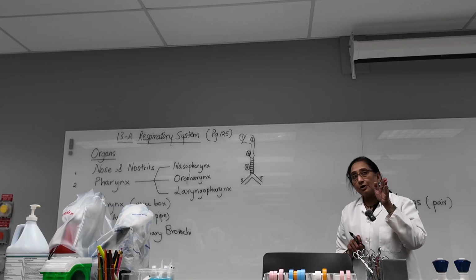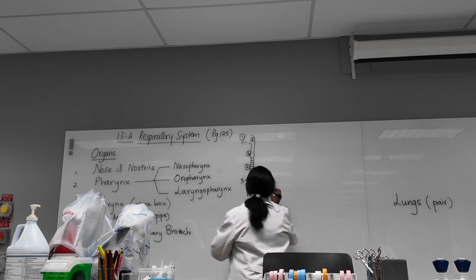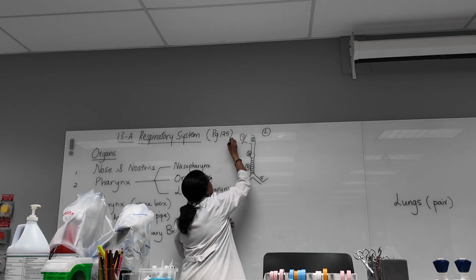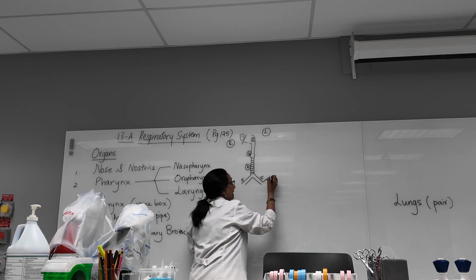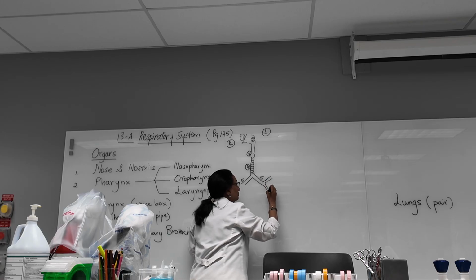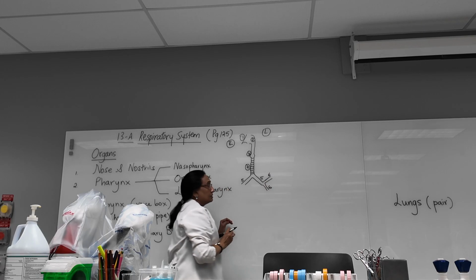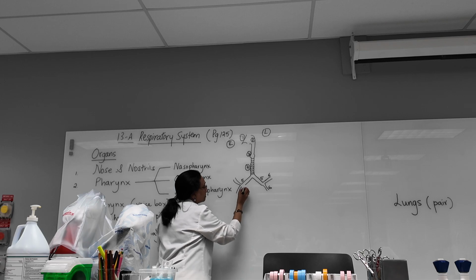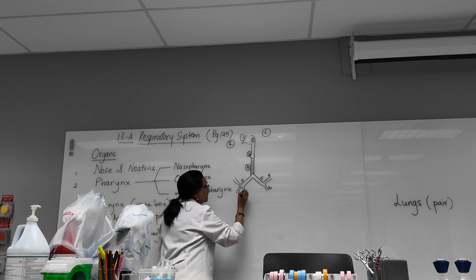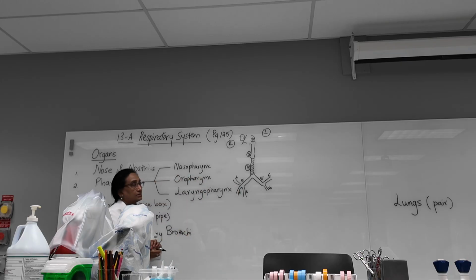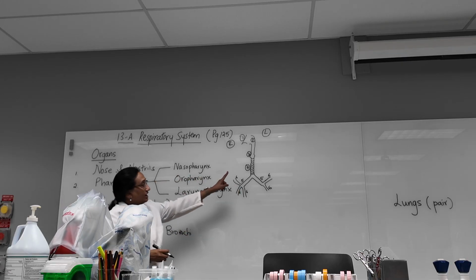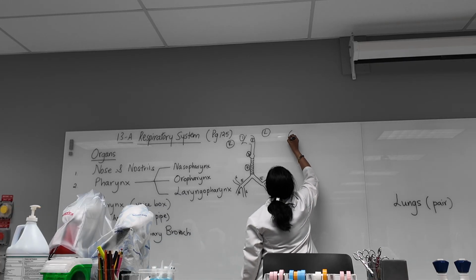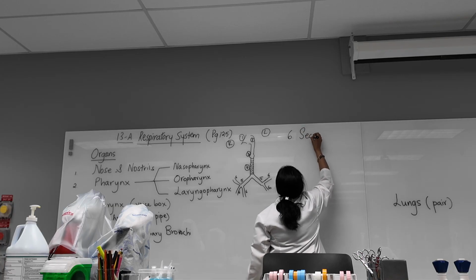Now once this primary bronchi enters the lung, it is going to divide, so left and right. On the left side, it is going to divide into 2. We'll number this 6. On the right side, it's going to divide into 3. So after the air has entered the primary bronchi, it then moves to number 6, called secondary bronchi.